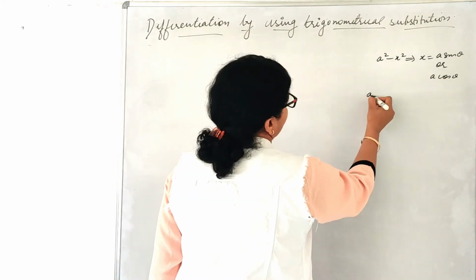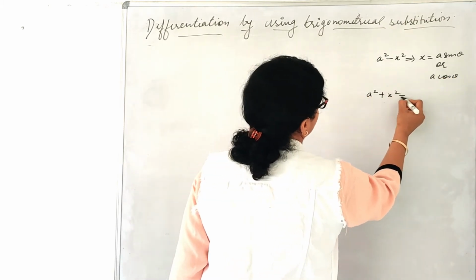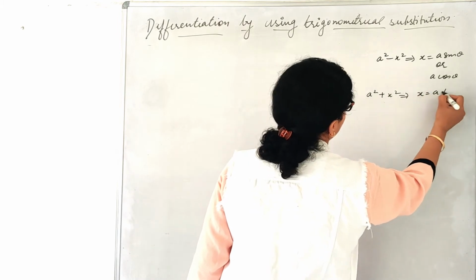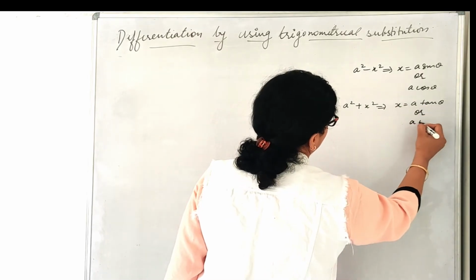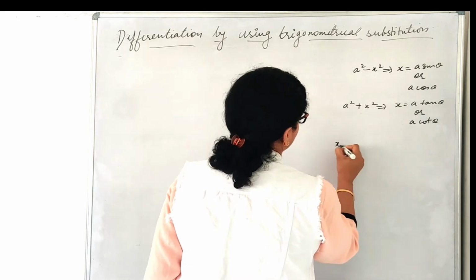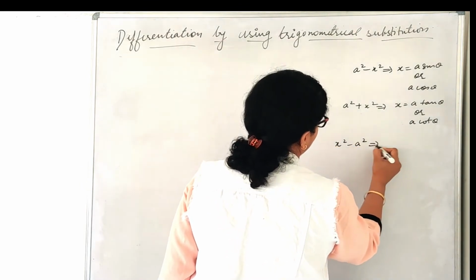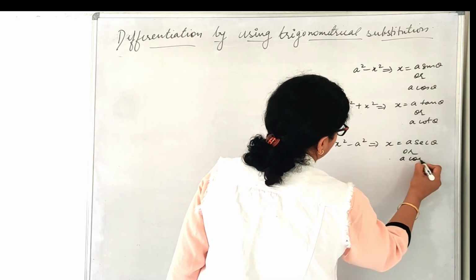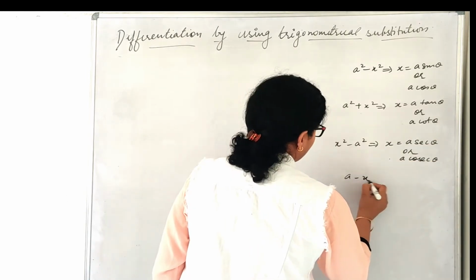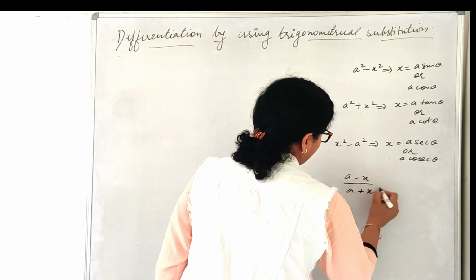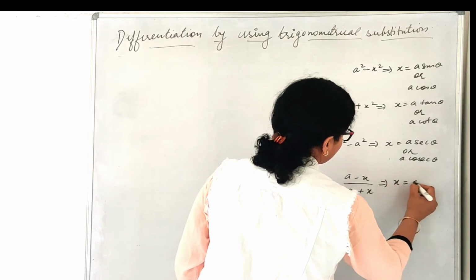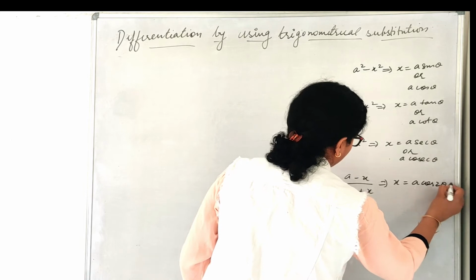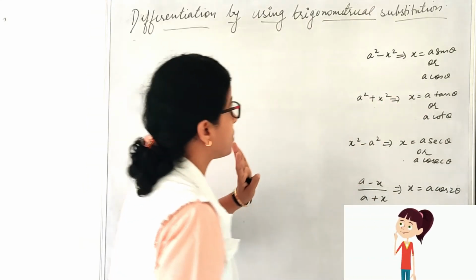If it is a square plus x square, x should be substituted as a tan theta or a cot theta. If it is x square minus a square, then x should be substituted as a sec theta or a cosec theta. If it is a minus x upon a plus x, x should be substituted as a cos 2 theta. So these are my required substitutions.